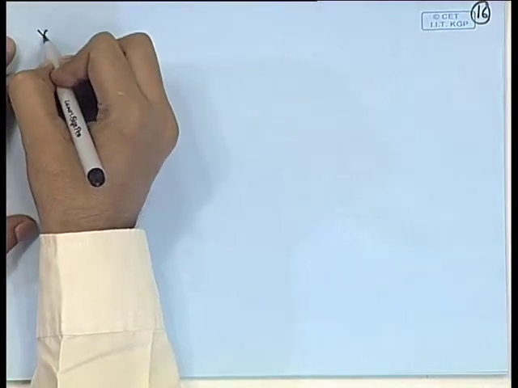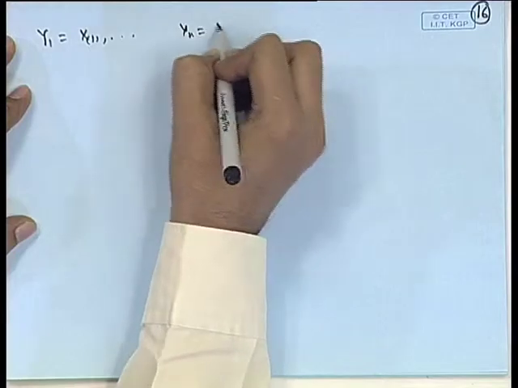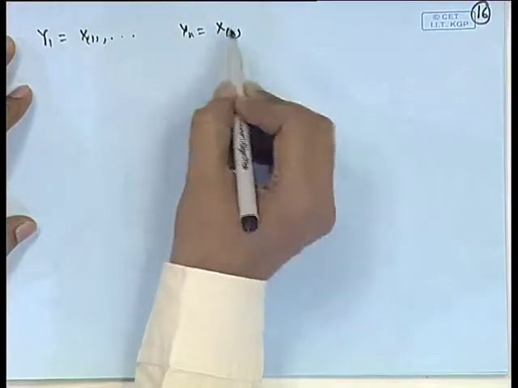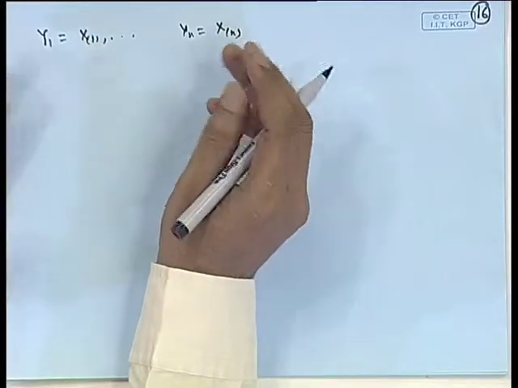So, here the function is Y1 equal to X(1), ..., Yn equal to X(n). Now, this is a transformation from R^n to R^n, but it is a many-one transformation. In fact, n factorial combinations of X1, X2, ..., Xn give the same values of Y1, Y2, ..., Yn.